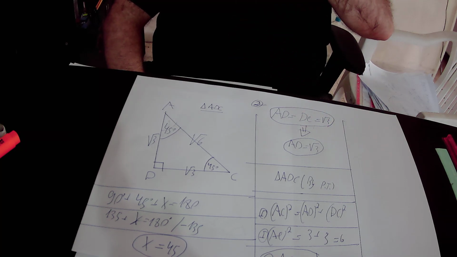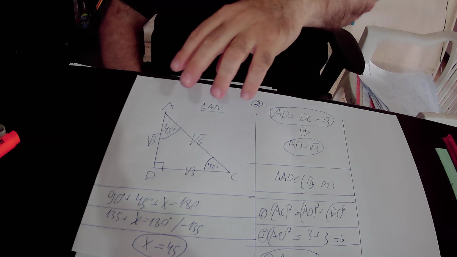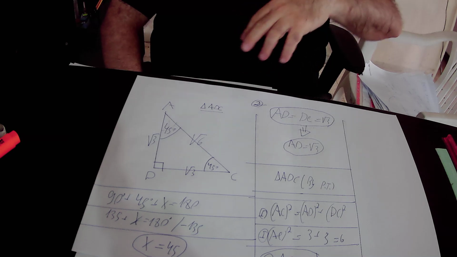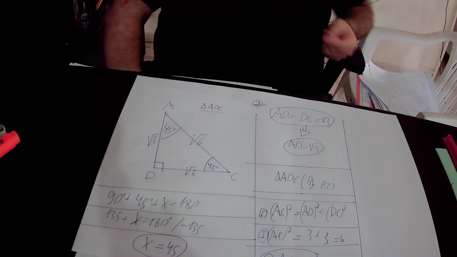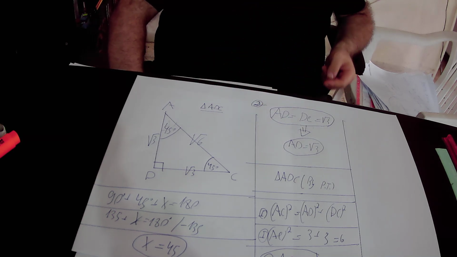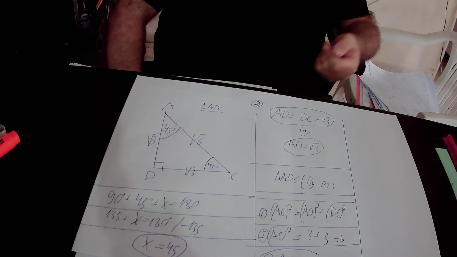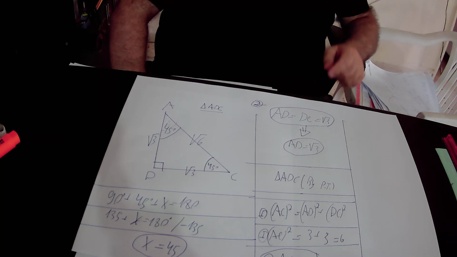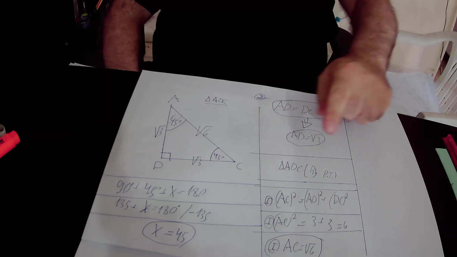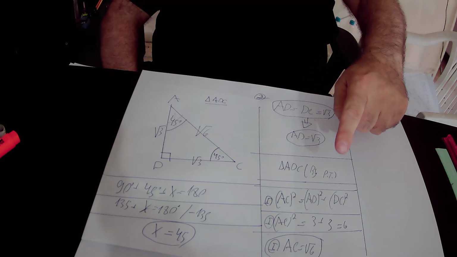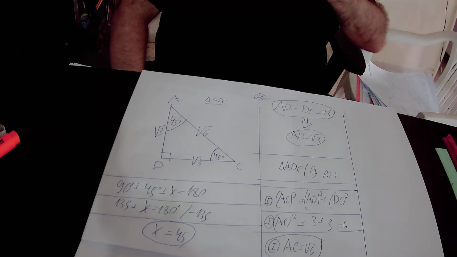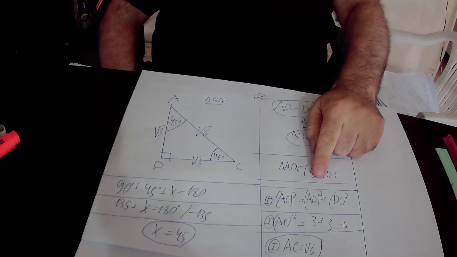Okay? We continue to focus on the right triangle ADC. We implemented the Pythagoras theorem on the right triangle ADC in order to find the hypotenuse. According to the Pythagoras theorem, the square of the hypotenuse equals the sum of the squares of the perpendiculars, that is to say, AC square equals AD square plus DC square.